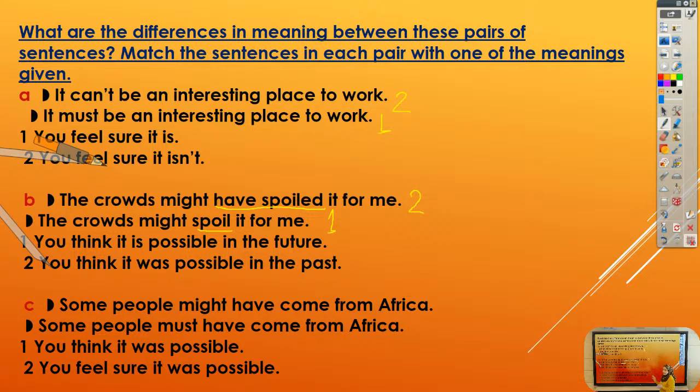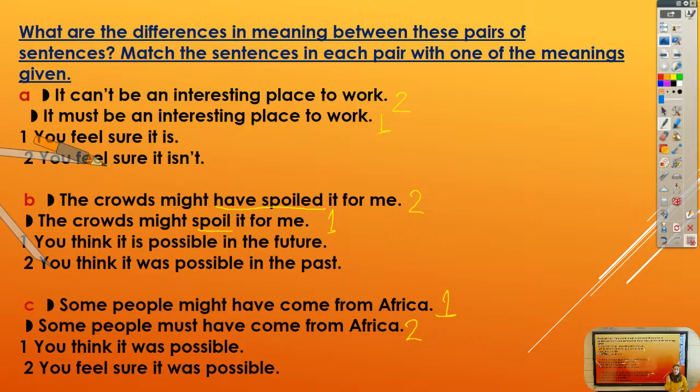Notice here, as we explained, we use might, you think it was possible. You are not sure. Some people must have come, must, so we are sure. Okay? We are sure.